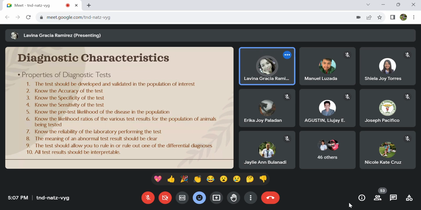Ibig sabihin, if you check this in this group of animal, okay, in the same area, dapat you get the same result. That's the repeatability. And reliability, kung gagawitin mo yan sa iba area, okay, you can gain the same or similar results. That's the reliability and repeatability of the test. So if you have that properties, then you can have a good characteristic of diagnostic test.